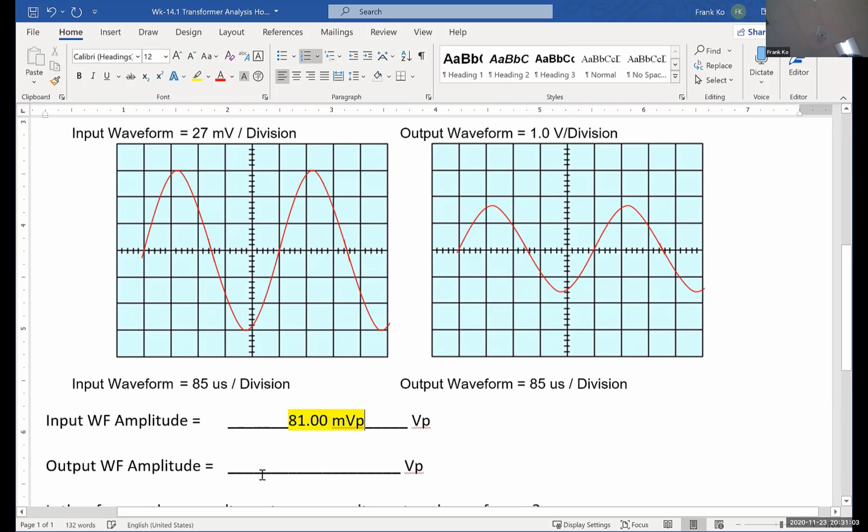Then our output waveform, how do we determine that particular guy? Wei-Ji, you're up. So we got 1.6 division vertically. Does everybody look at that closely? Does it look like 1.6 division? Yeah. So you look at the positive peak over here. The positive peaks are pretty far away from the center graduated line, right?